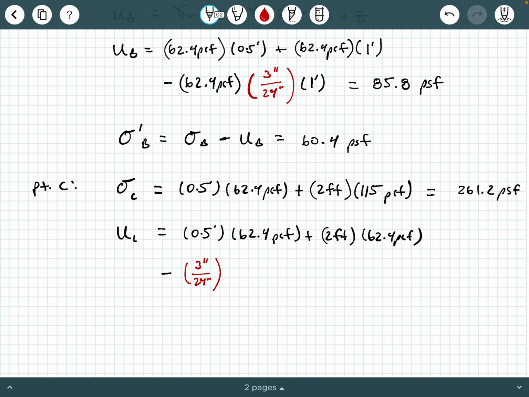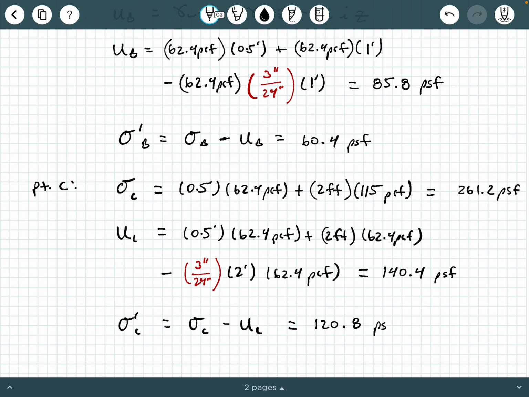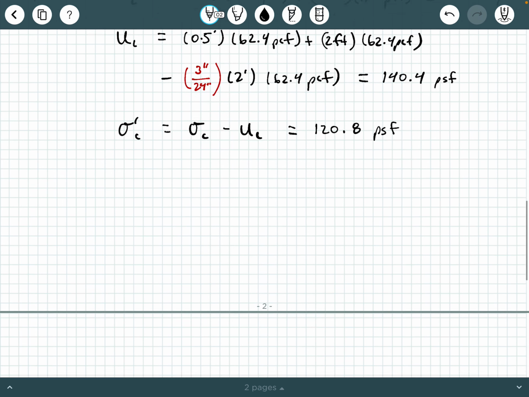And next we will multiply by the depth of interest, which is point C, which is 2 feet below point A. So that'll be times 2 feet right here, and then, of course, times 62.4 PCF. And when we evaluate all of this, we should get a pore pressure value of 140.4 PSF. And then, of course, effective stress at point C is total stress at C minus pore pressure at C. And we'll end up with a value of 120.8 PSF.